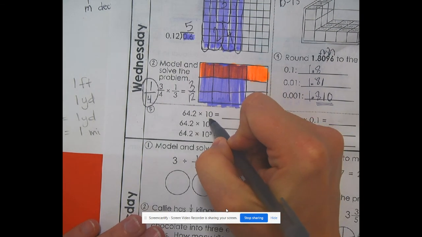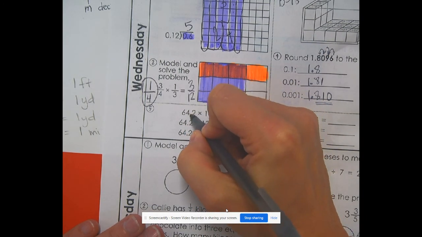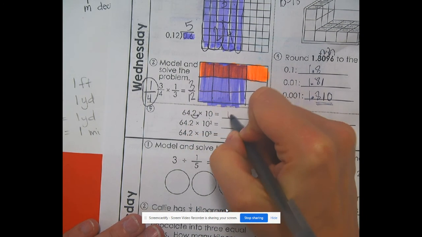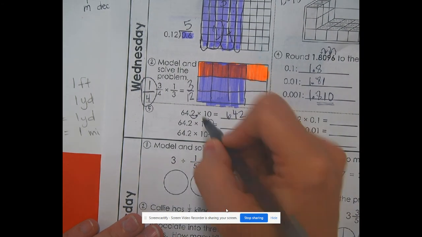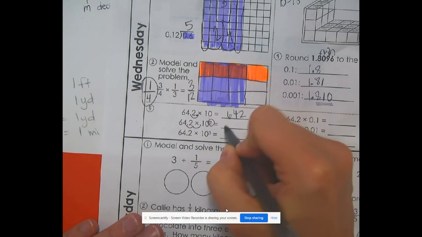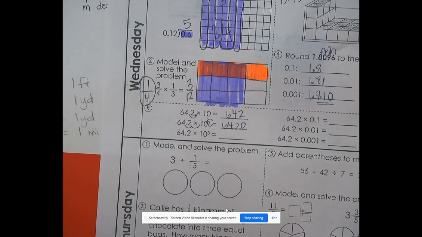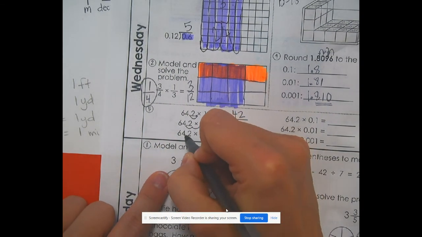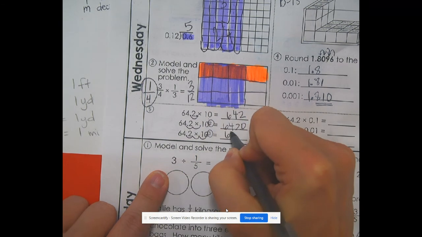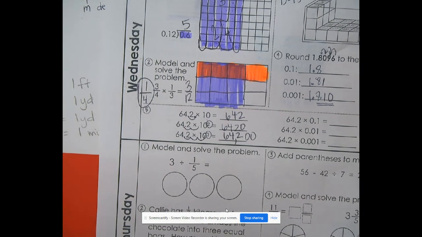So if I'm going to multiply by 10, how am I going to move my decimal? 1 to the right. Good. How many times am I going to move my decimal? Twice. What do I do in that space? Add a 0. Annex a 0. How many times? 3 times.